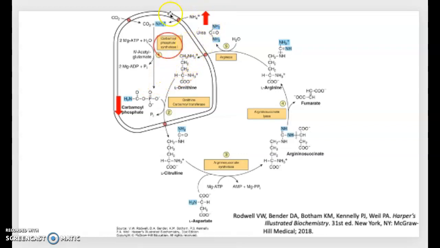Also, free ammonia is going to accumulate because it's not able to be synthesized into carbamyl phosphate. So the least likely deficiency is going to be a deficiency in carbamyl phosphate synthetase 1.